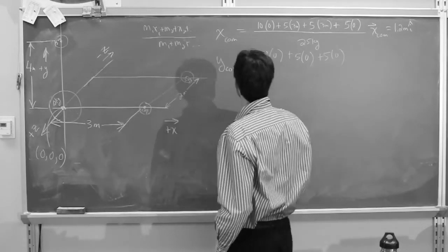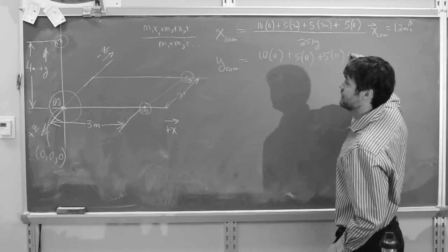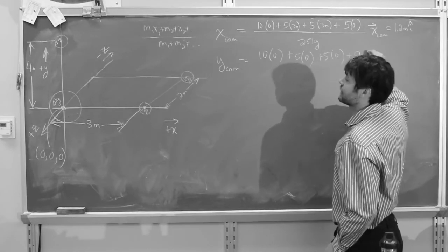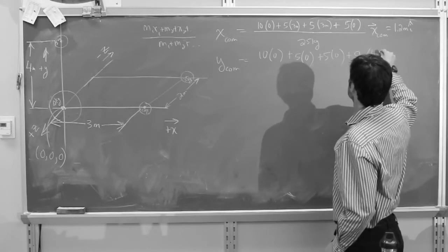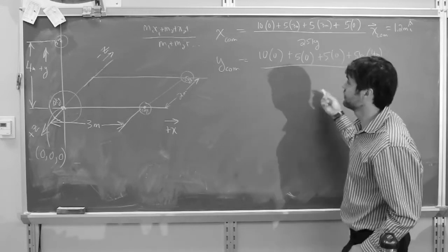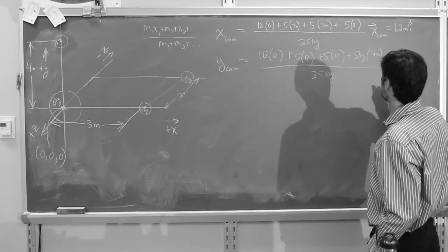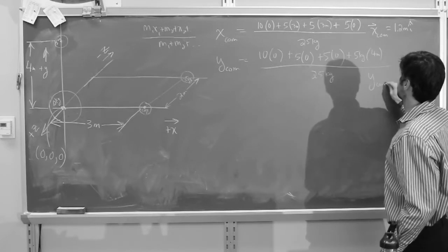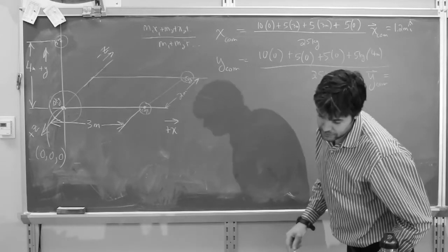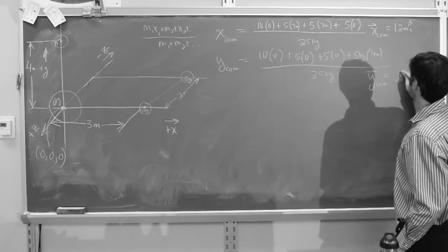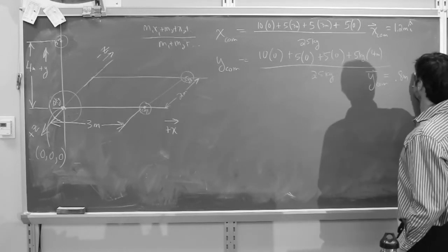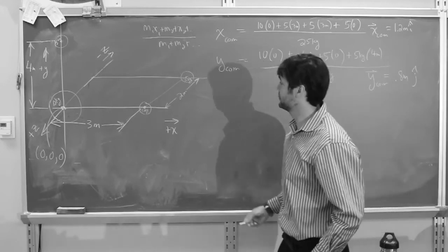It's 4 meters up, so that's going to be 5 kilograms times 4 meters. Again, it's an average. You're averaging it for all the mass. That's out of 25 kilograms. So y-com comes out to be 0.8 meters up in the positive j-hat direction.